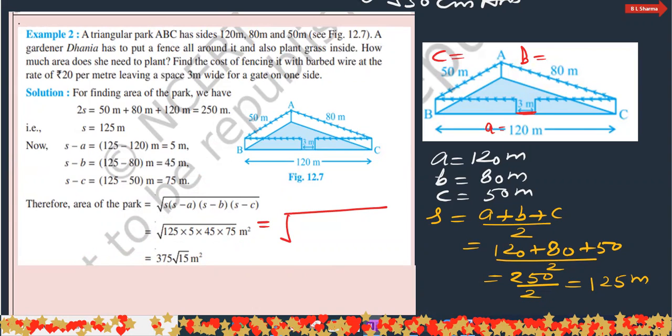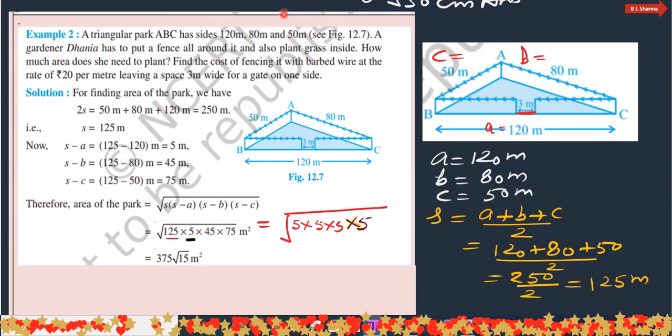This 125 can be written as 5 into 5 into 5. That is 125. Then write 5 as it is. Then you write 5 as it is.